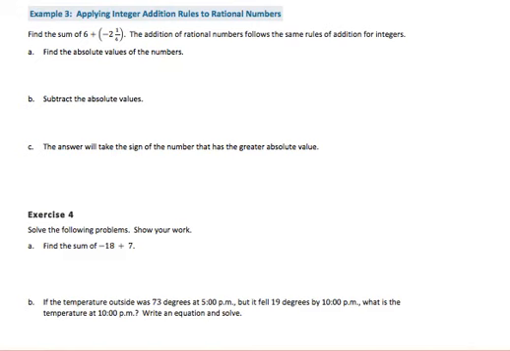Now when we look at example 3, we're going to apply these integer addition rules to rational number problems as well. Rational numbers simply mean that we are working not only with integers, or numbers that have no fractional parts, but we're also working with numbers that have fractional parts, including decimals.